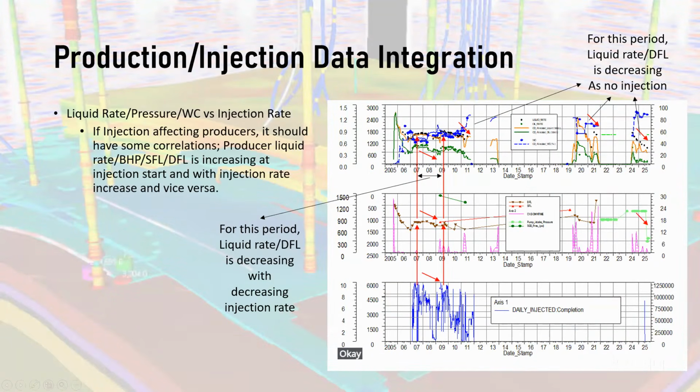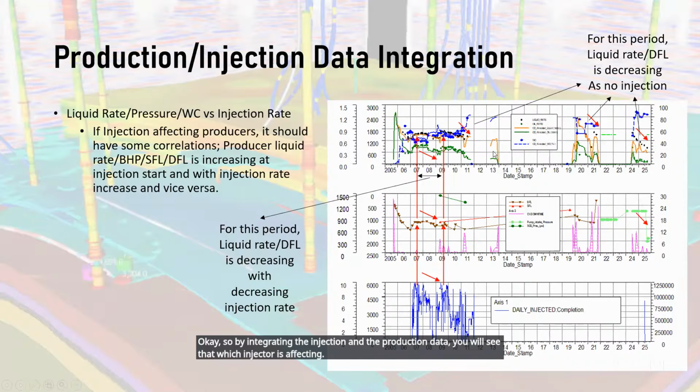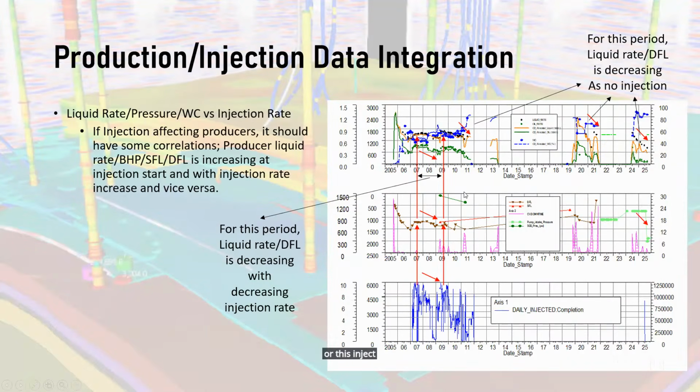Okay, so by integrating the injection and the production data, you will see whether this injector is affecting the production of the offset wells or not.